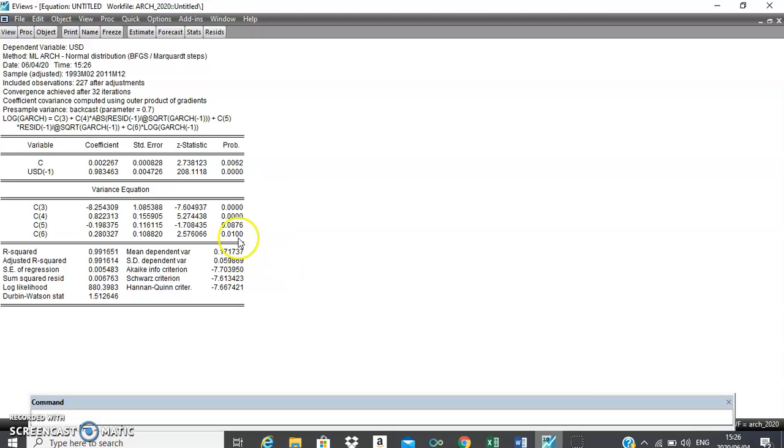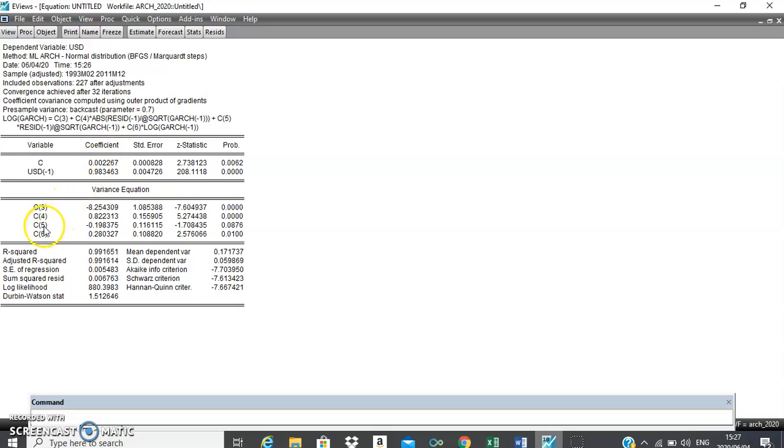Again, the coefficient of interest, if you go to the theoretical part, the slides there, we are interested in coefficient 5, C5, where we are looking at resid(-1), that is your epsilon, divided by the square root of the GARCH lagged by 1 period.